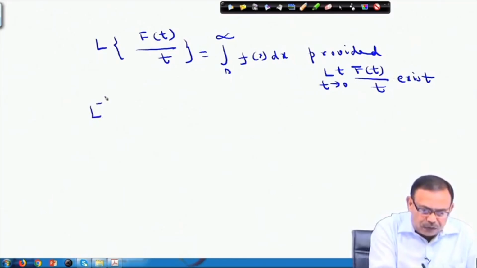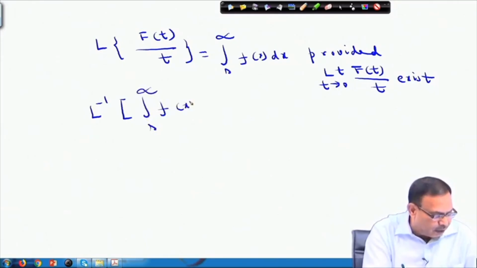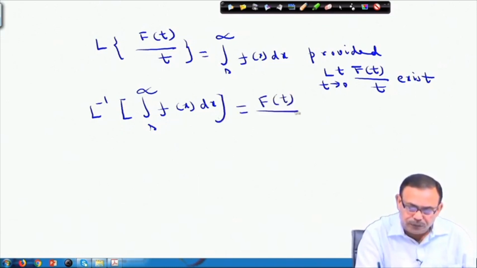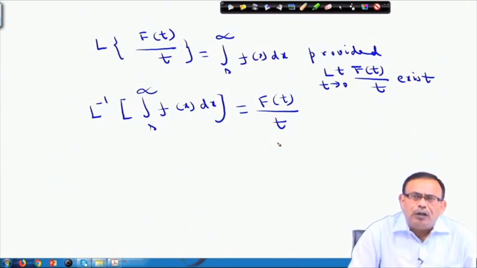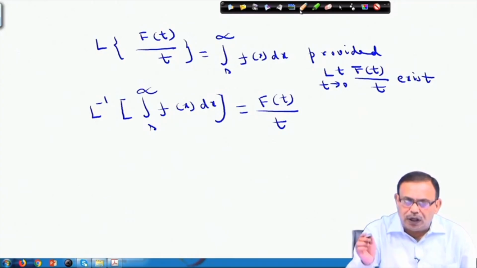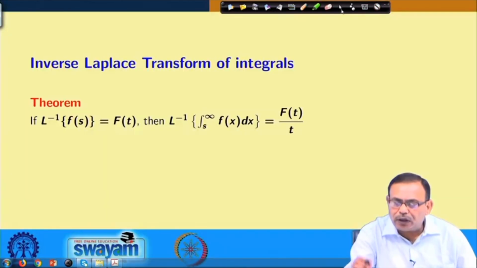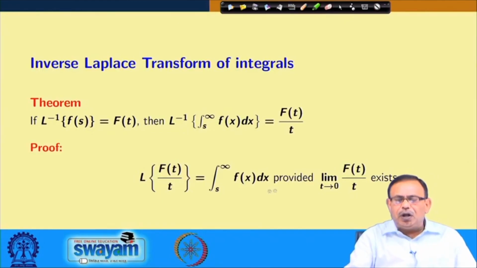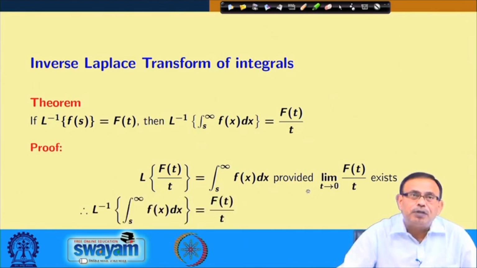Therefore, you can write the Laplace inverse of the integral from s to infinity of F(x) dx equals f(t)/t. Using the theorem we have done earlier, I get the required result, and this completes my proof.